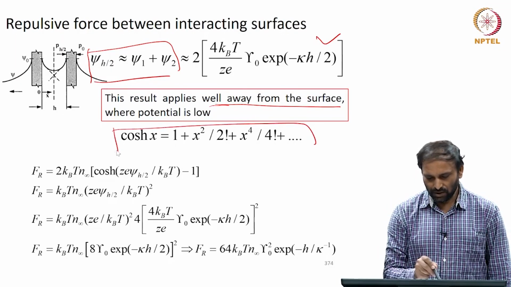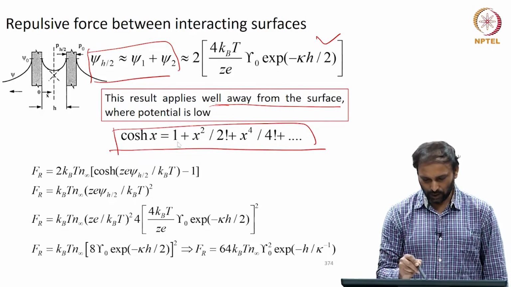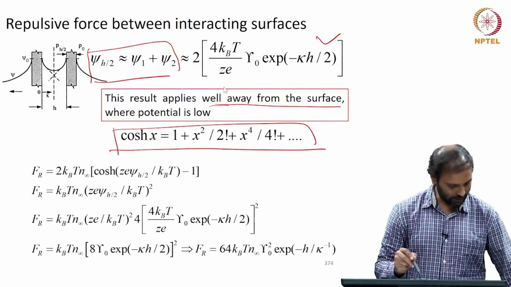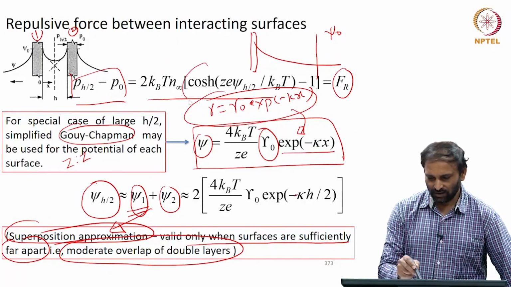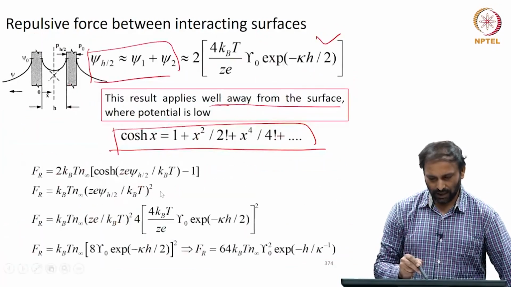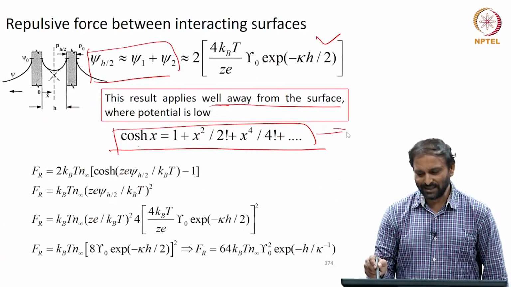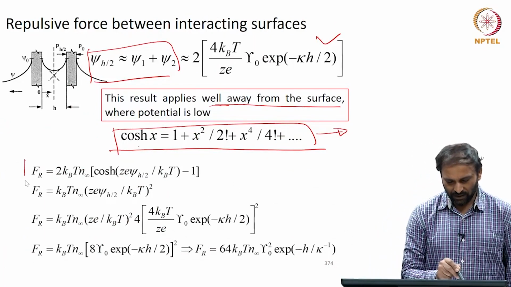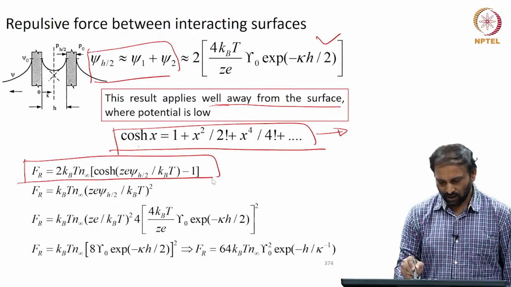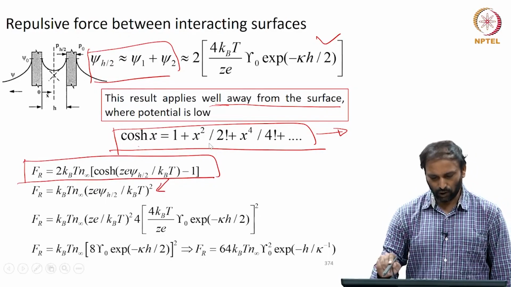And we can of course consider the cosh term that you have here. If you look at the expression for the excess force, I have a cosh term, and I can consider a series expansion of the cosh term and neglect the higher order terms.